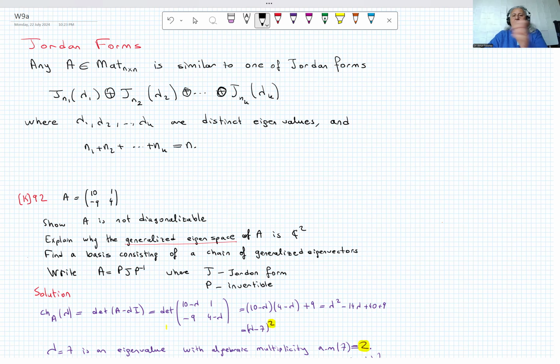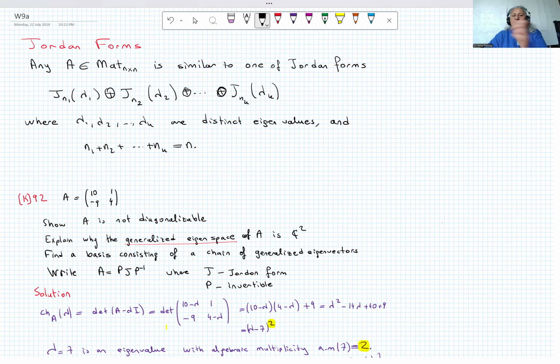Then we will need to find the eigenvectors, that is, the eigenspace. The 7-eigenspace, which we denote by E7, is the kernel of A minus 7I. We write it down: lambda is equal to 7 here, then we have 3 here and minus 3 here. We would like to find a basis of this kernel space.